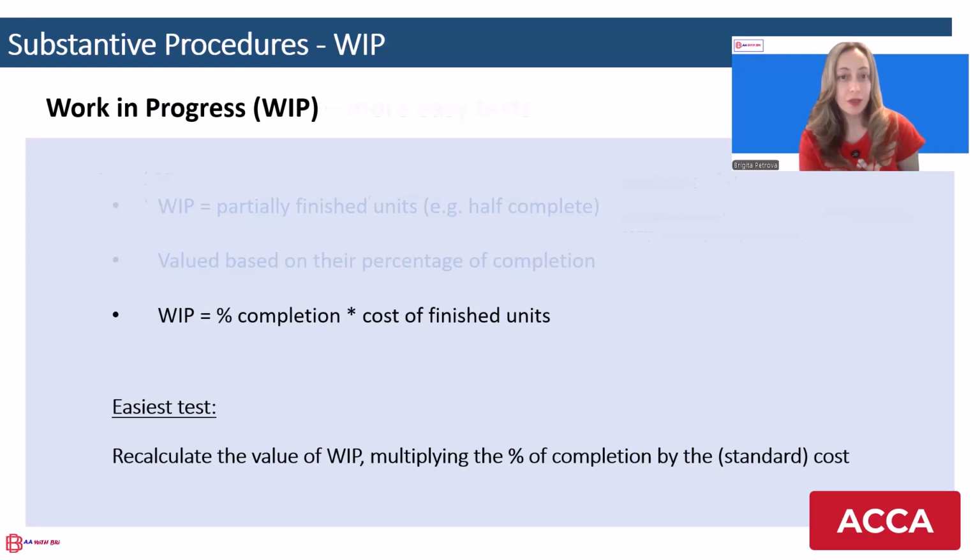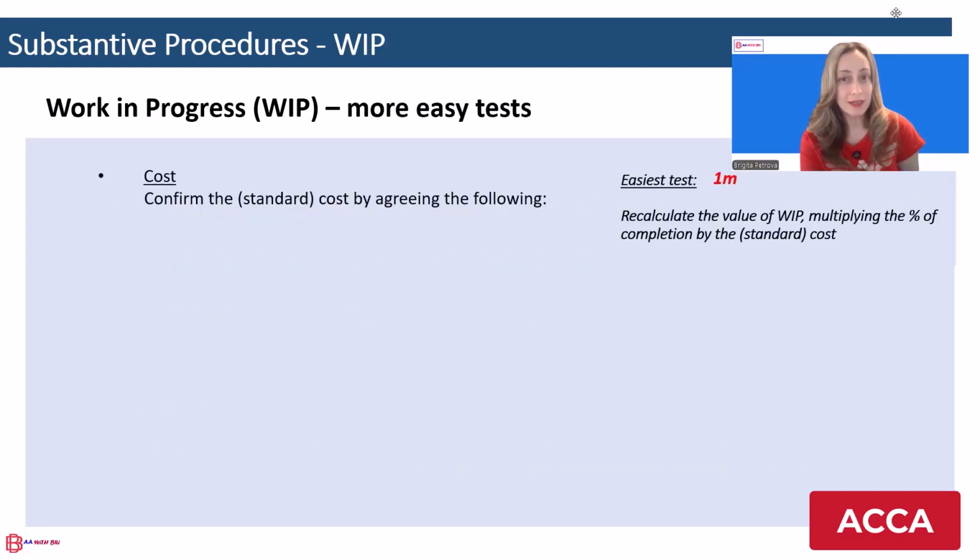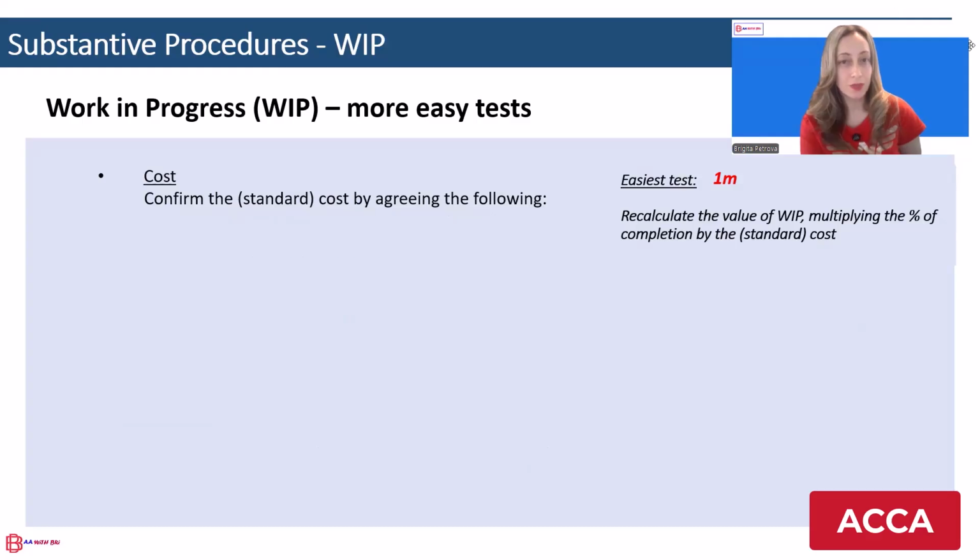And building on from that idea that we need the percentage of completion multiplied by the cost, then we can, for more marks, confirm the cost. The cost of inventory, be it WIP or finished goods, has a few main elements. As you know, that's the material cost, the labor cost, and the overhead cost. So we can now test each one of them and get a mark for each.